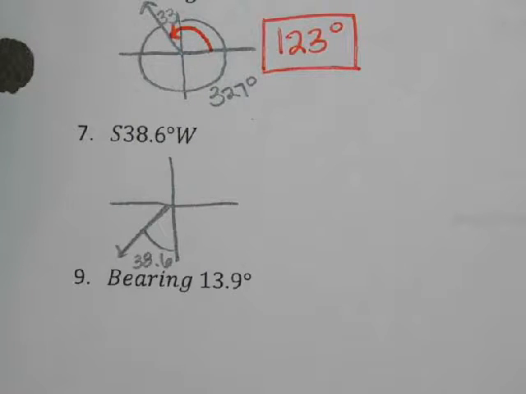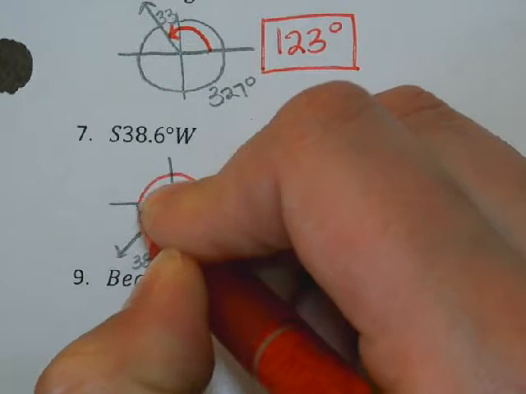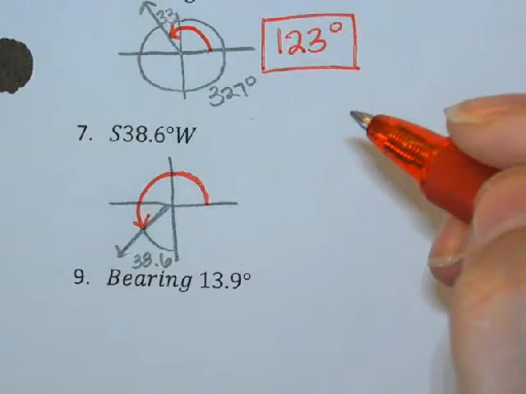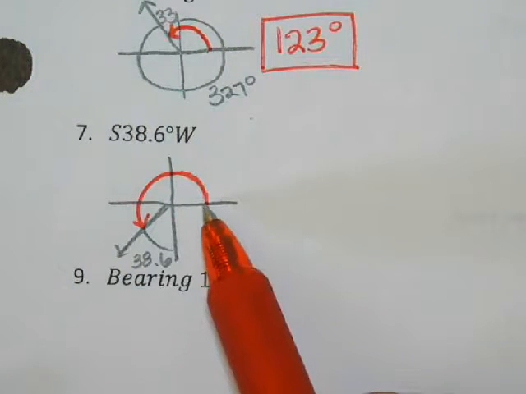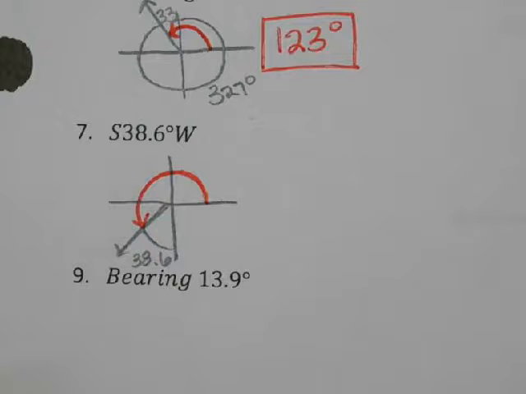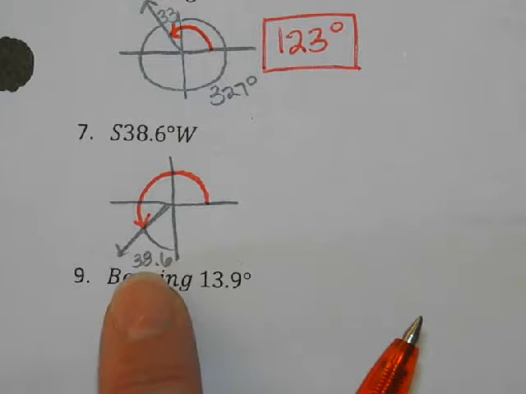Yeah. All right, so if we're going to measure this for the calculator version, how are we going to figure out what that is? Yeah, we could do 270, take away this part.